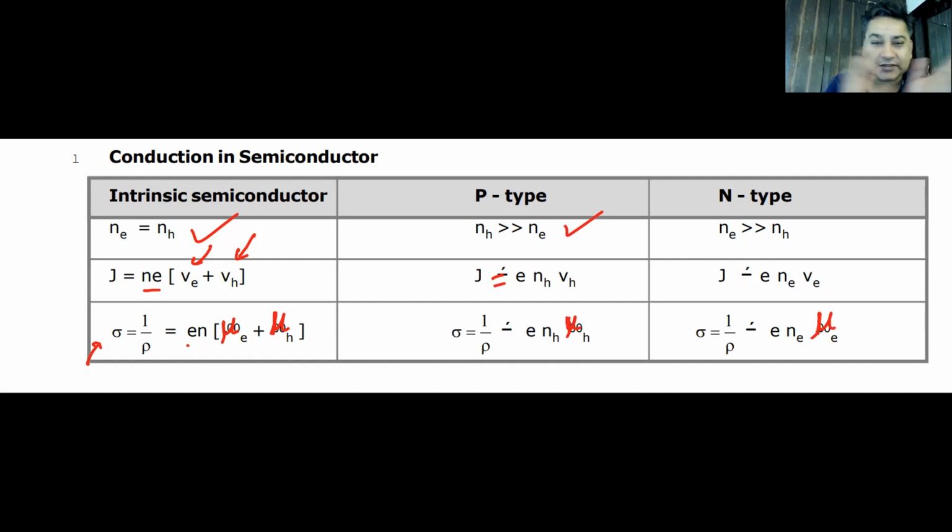Do we understand the difference in the three? Yes or no? In N type only electron wale term will come. In P type only holes wale term will come. In intrinsic both electron and holes wale term will be there. Do we understand this? Please note it down, sir.